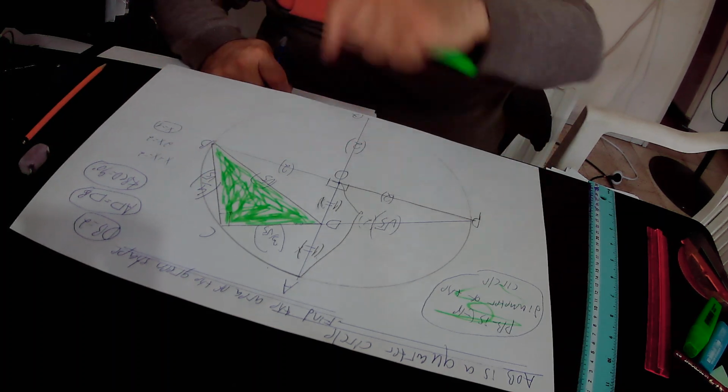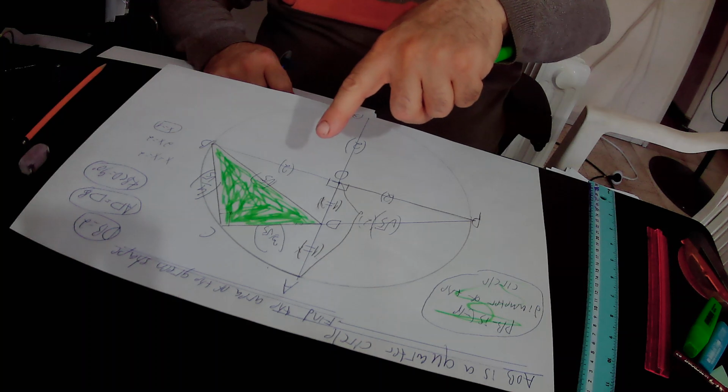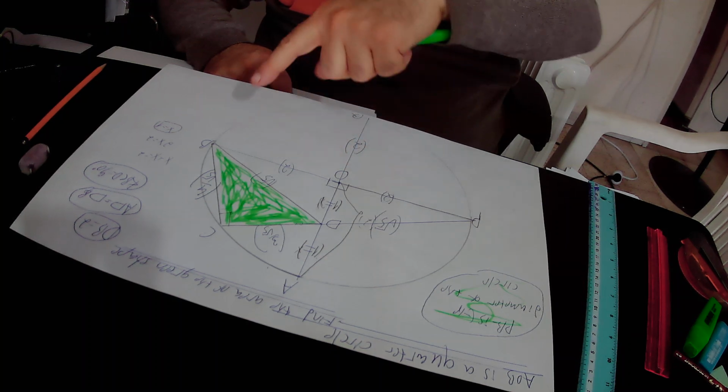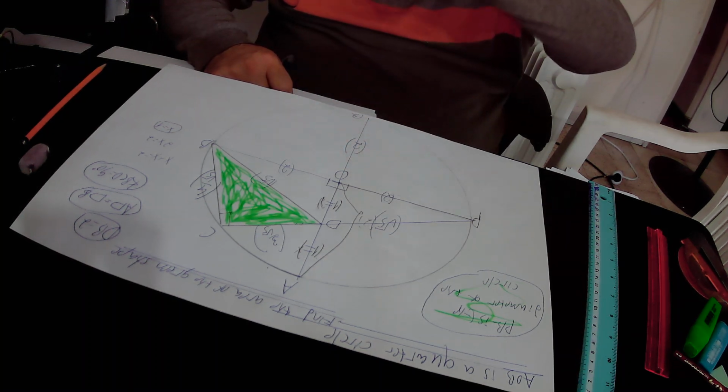Our mission is to find out the area of the green triangle, the green right triangle DCB. So I copy the green right triangle DCB and find out the area of this green right triangle DCB.